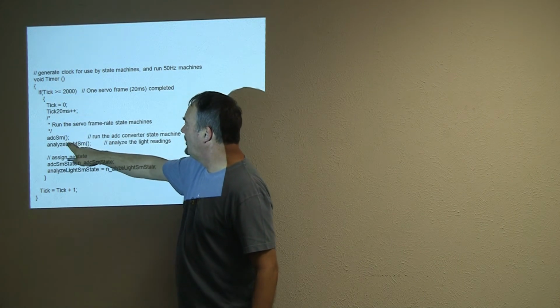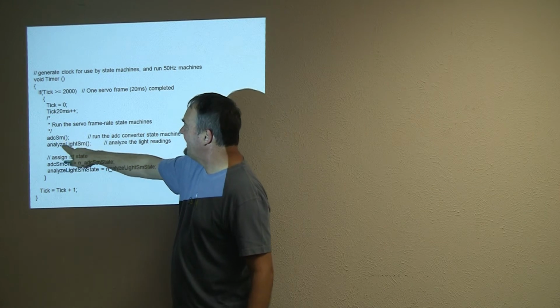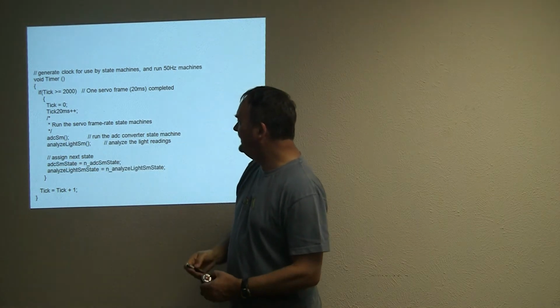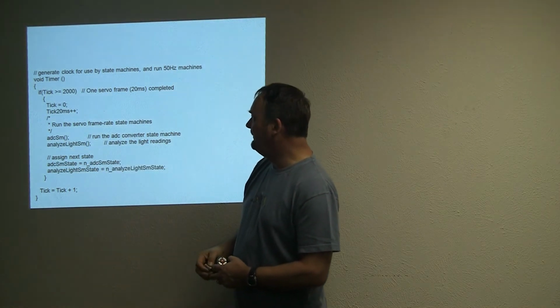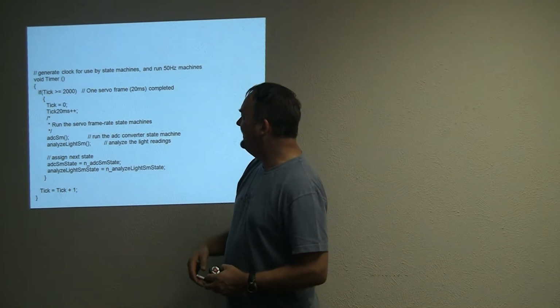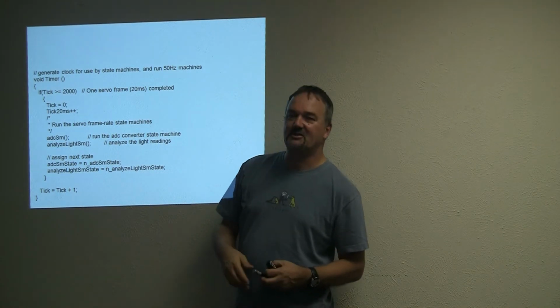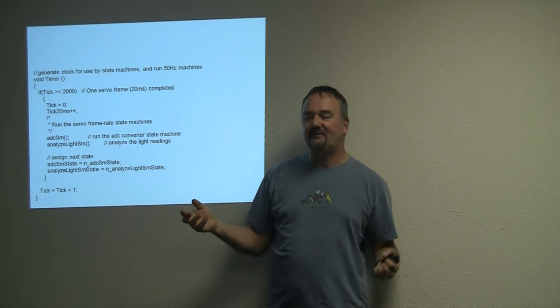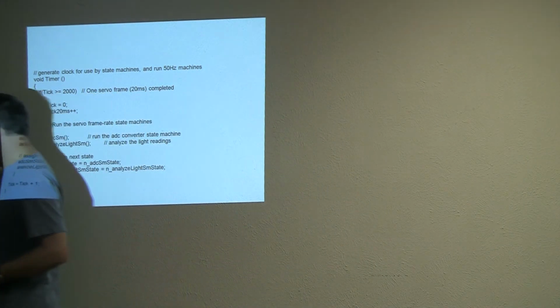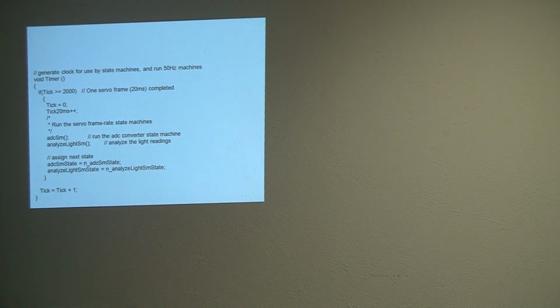and it calls the analog to digital converter state machine and the analyze light state machine, which is the one we just looked at. The analog to digital converter state machine actually has about 5 states, but nothing that's particularly decision oriented.